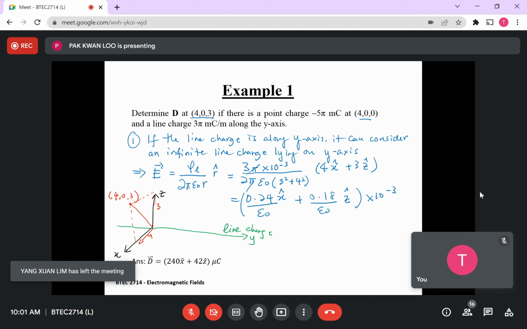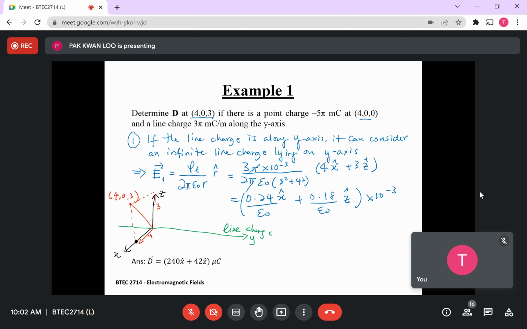So the last part is the point charge. The point charge is lying at this point here, and the distance here is 3, right? Let's say the E field contribution, I just make an index to differentiate.